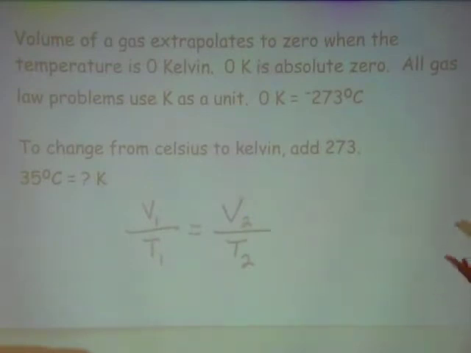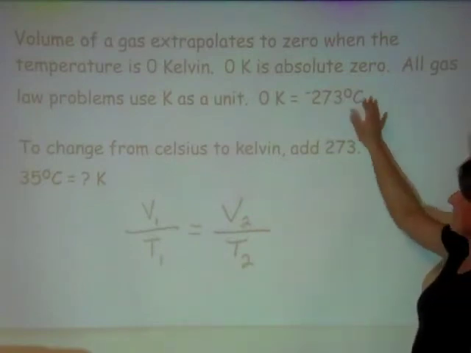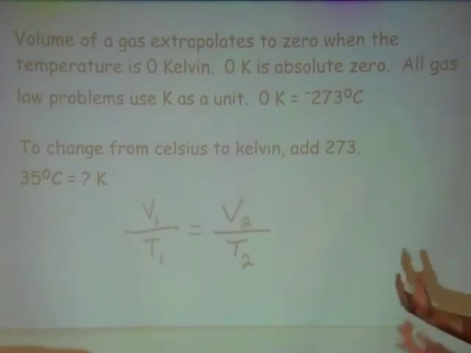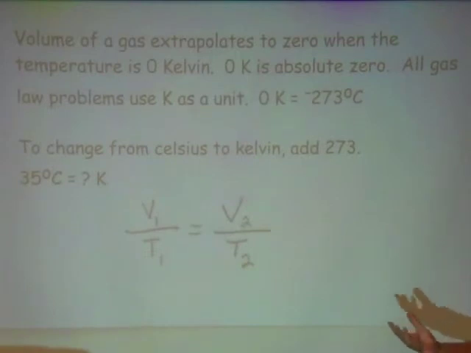Whenever we're reporting temperature, our unit is always going to be Kelvin because that's where the proportionality is correct. It is not correct when we are using Celsius. Things are not directly or inversely proportional. They are only directly or inversely proportional linearly when we use Kelvin as our unit.